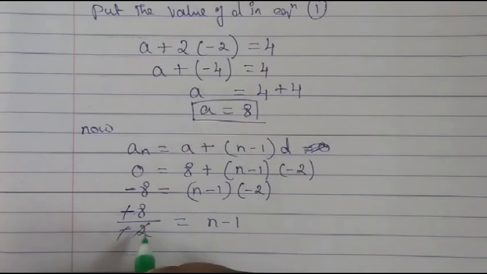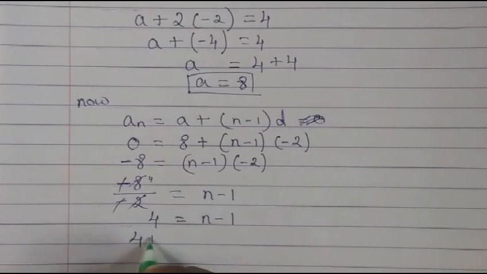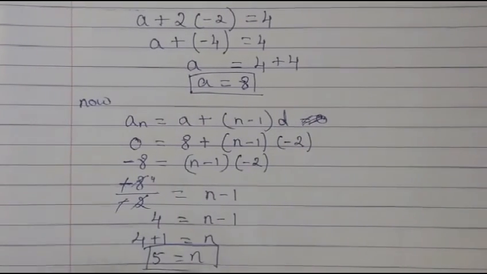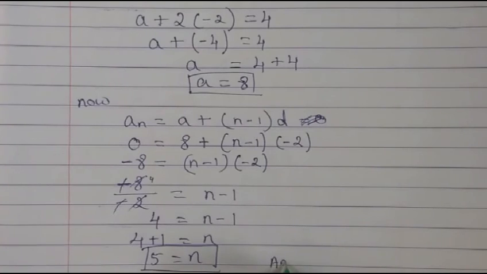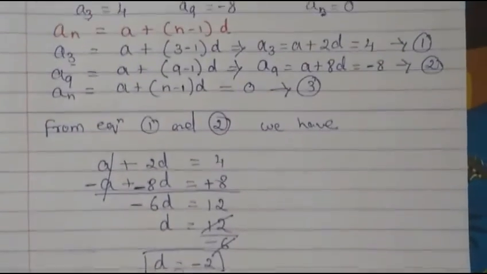Then table 2, 4 times table 2 will give us 8. So 4 equal to N minus 1. Now this minus 1 when it comes to this side will become plus 1. So 4 plus 1 is 5. So the N value is 5. This is our answer, so the Nth term is 5.